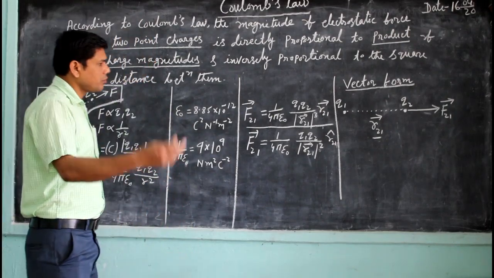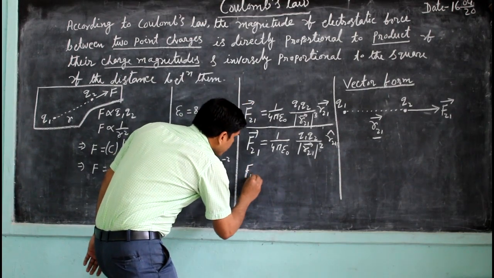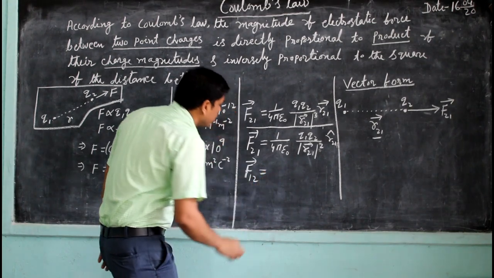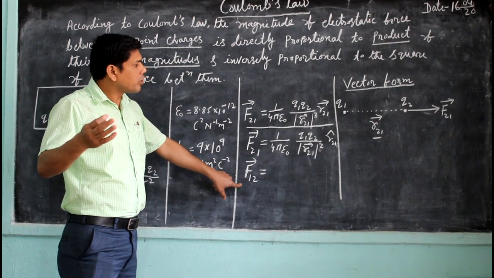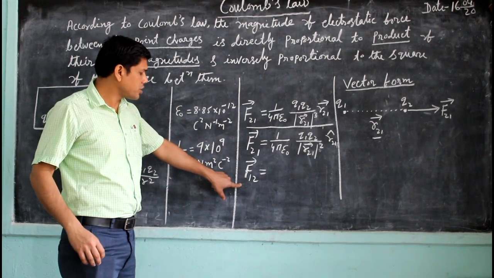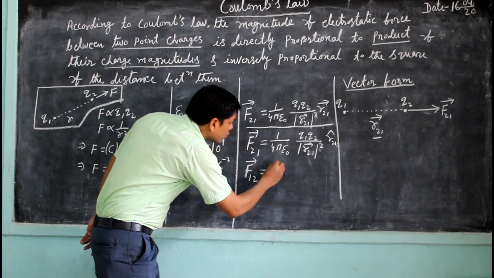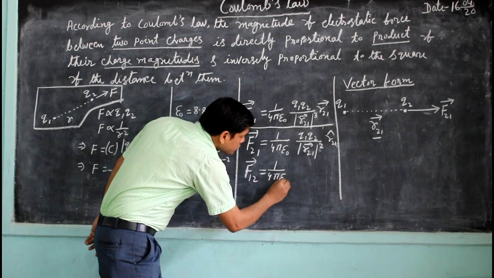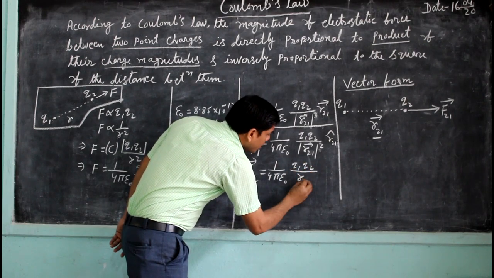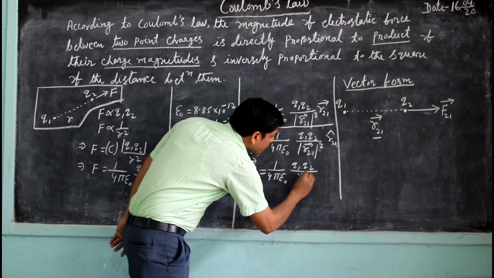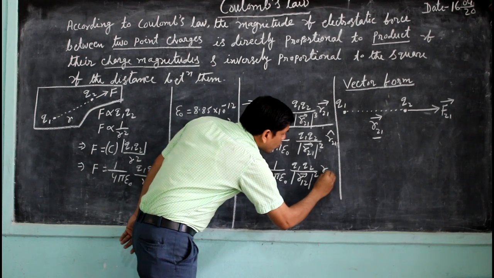If we write vector F12, it means the force due to the Q2 charge on the Q1 charge. Now F12 equals 1 by 4 pi epsilon naught Q1 Q2 by R12 square, times unit vector R12.